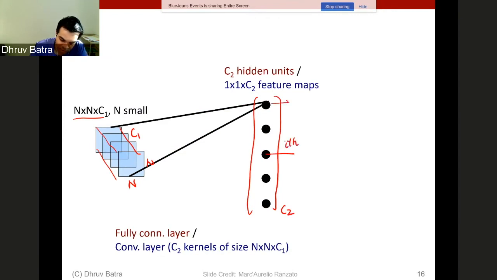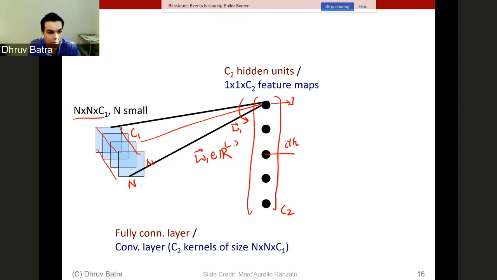Let's say this is the first neuron, and I will consider all weights exiting out of this. So this is W1. The question I will ask is, W1 lives in what dimensionality? What is the size of W1 in this?